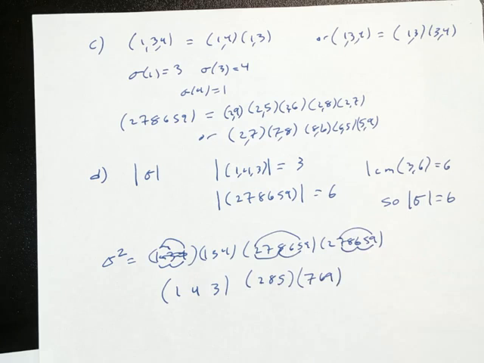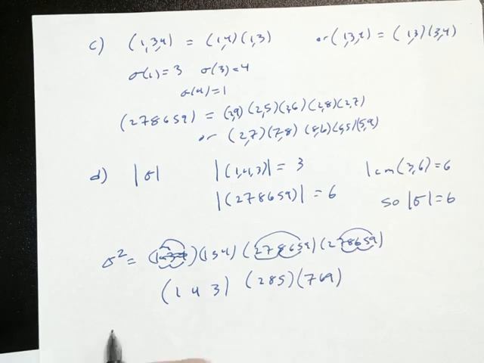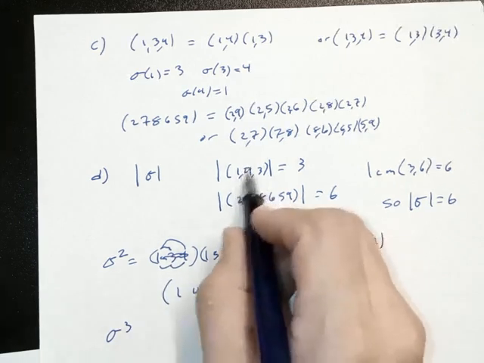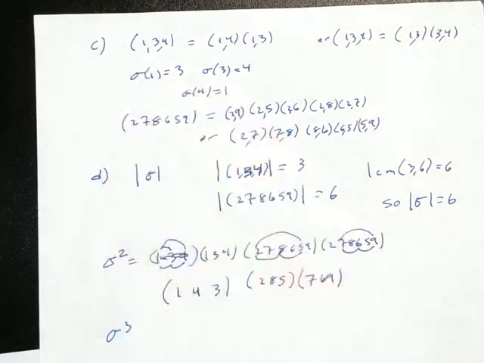It decomposes into 2 cycles of length 3 when I do it by twos. If I do sigma cubed, well, 1, 3, 4. I wrote that one backwards there. 1, 3, 4. 1, 3, 4 three times is the identity.